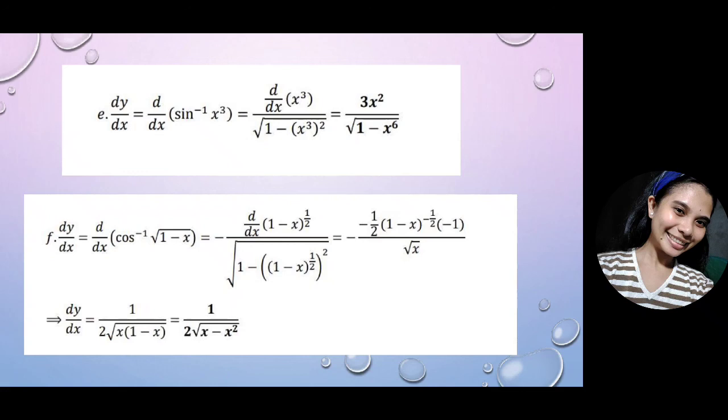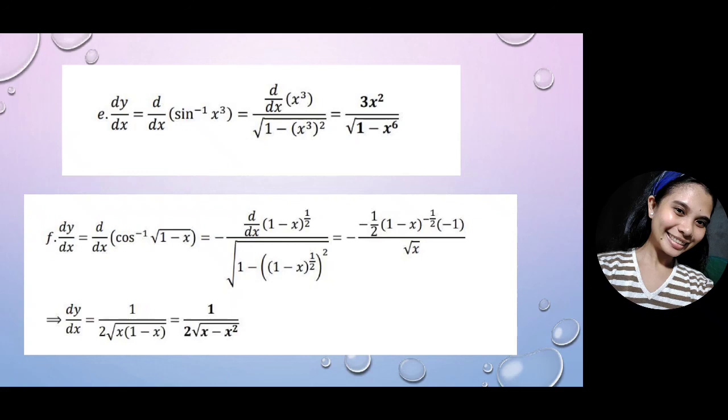Now that we have our u, the derivative of the inverse cosine is negative 1 over square root of 1 minus u squared, where u is 1 minus x raised to the power of 1/2. The derivative of u is negative 1/2 times 1 minus x raised to the power of negative 1/2.